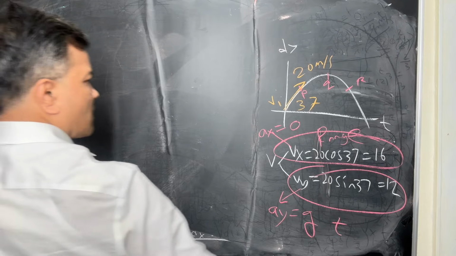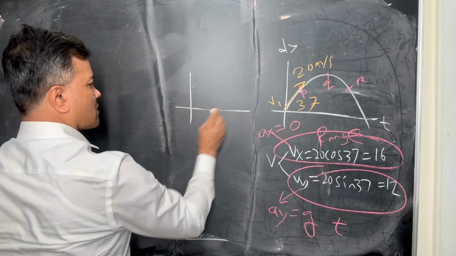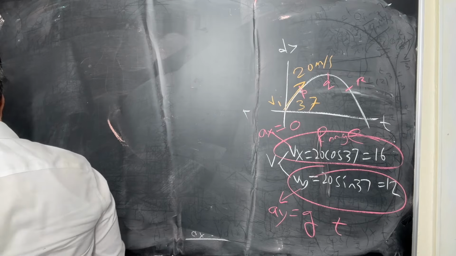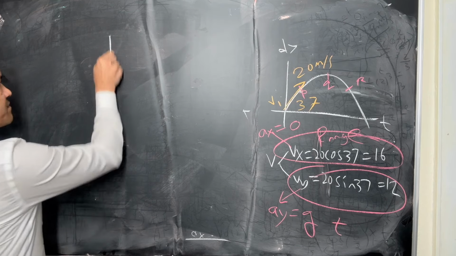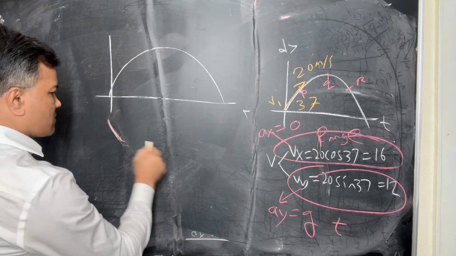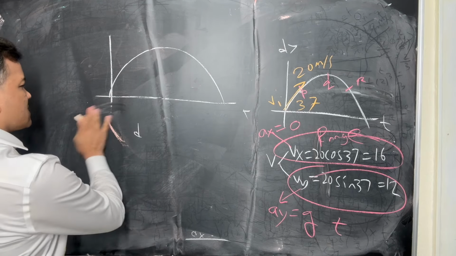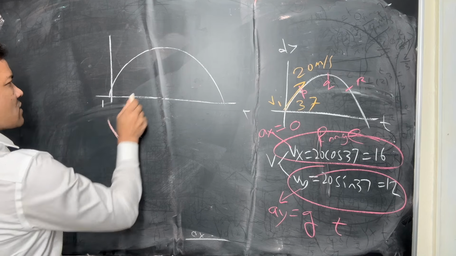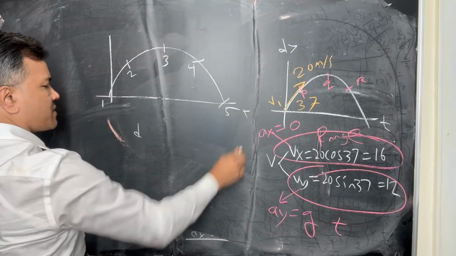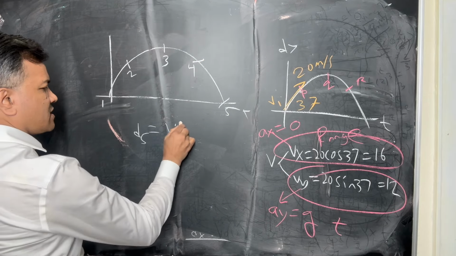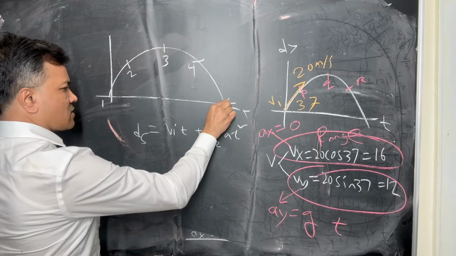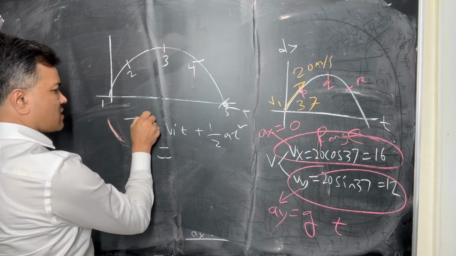Okay, now let's draw it nicely. Okay, so let's quickly find how long it takes at location 1, location 2, location 3, location 4, and location 5. So location 5: Vi t plus half a t squared. Now, at location 5 this is 0 because displacement is 0.